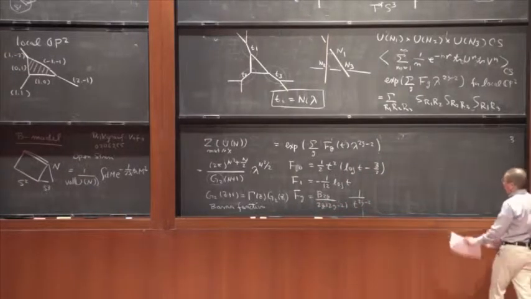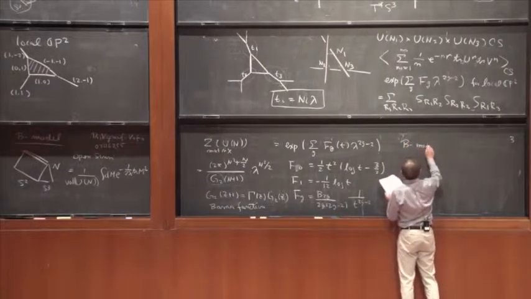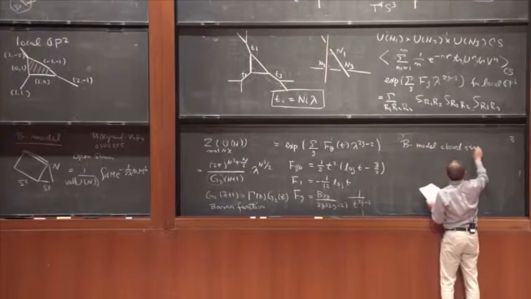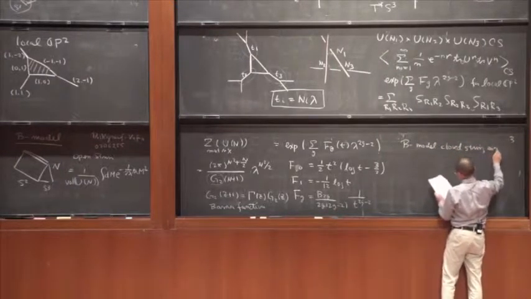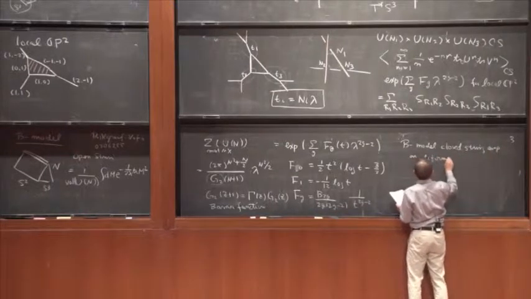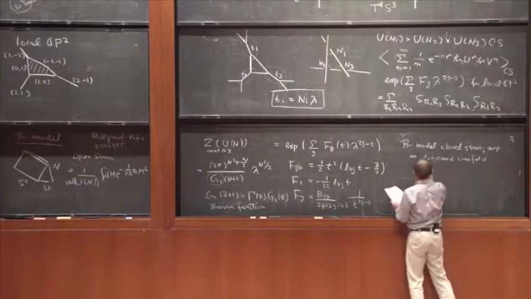One can actually identify this as a B model closed string amplitude on the deformed conifold, with an equation like this.